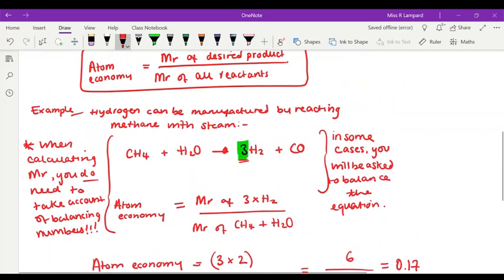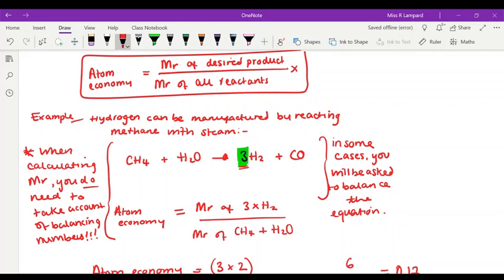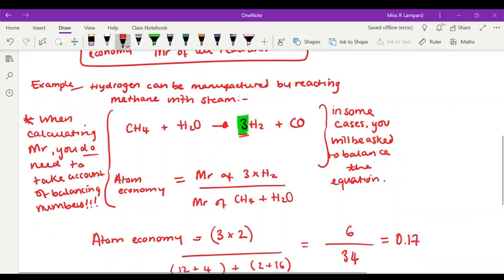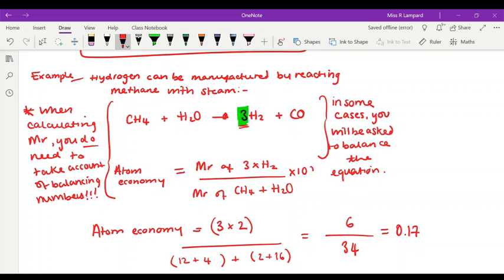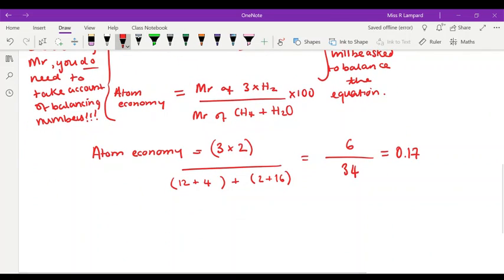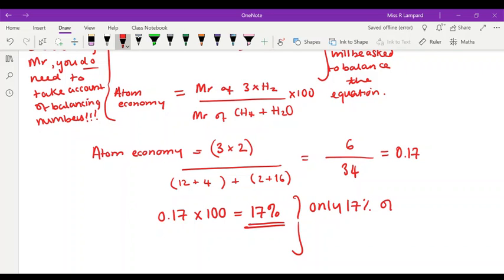Okay, so I forgot to add in here, we need to times this by 100. So when we get our answer here, we have 0.17 times 100, which gives us 17%. So only 17% of the products are useful.